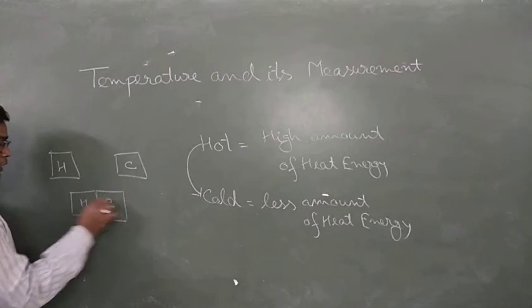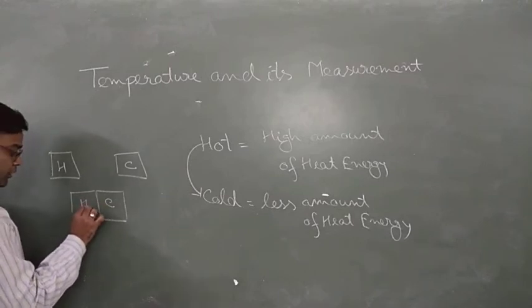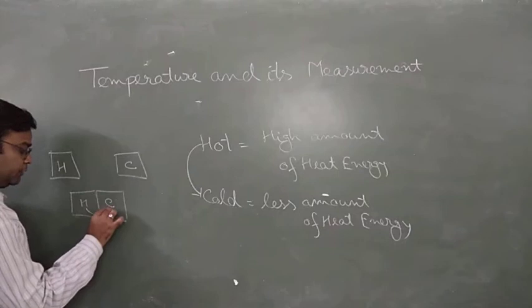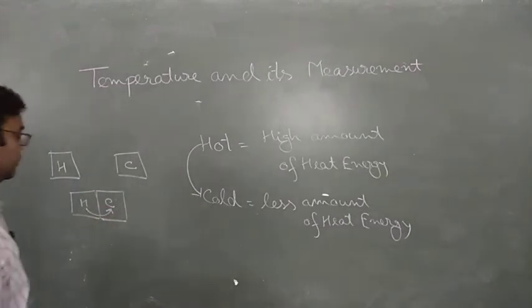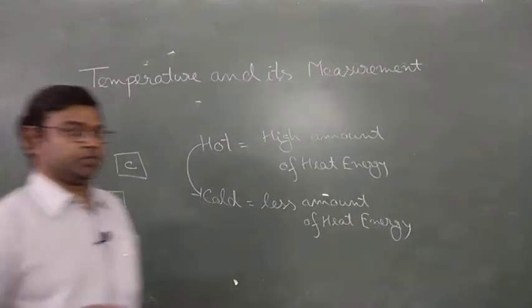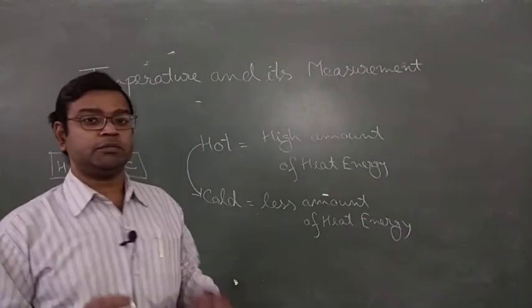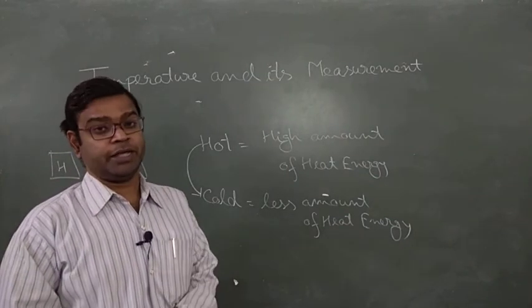So to maintain the body at equilibrium, the high amount of heat energy starts to flow to the cold part, the less amount of heat energy part, so that they attain an equal temperature. This is known as flow of heat current.